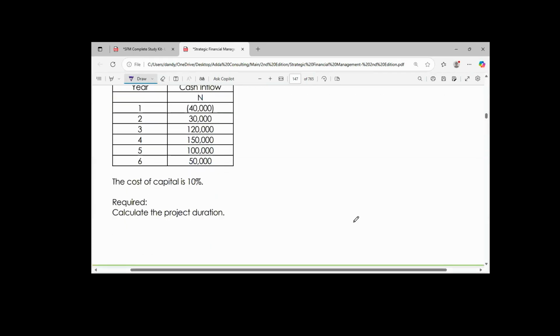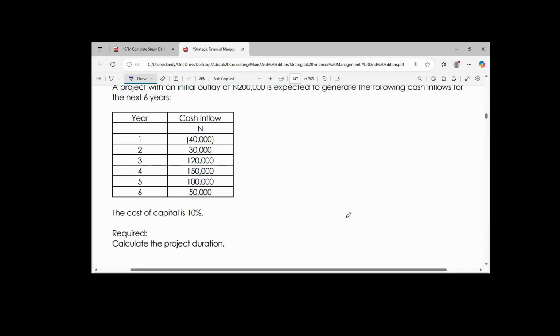The cost of capital is 10%. You are required to calculate the project duration. So these are the cash flows given to us. An examiner wants us to calculate project duration. What are you supposed to do? Very simple. Just calculate your project duration using either weighted average method or the present value method. You are going to get the same thing.